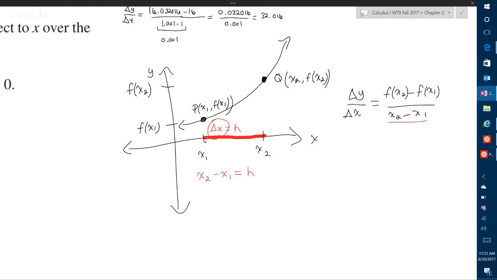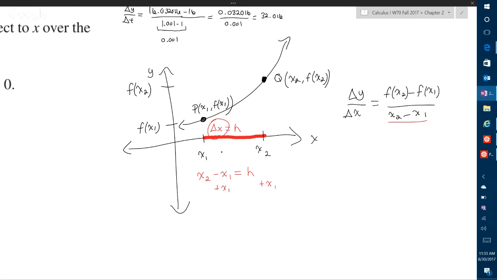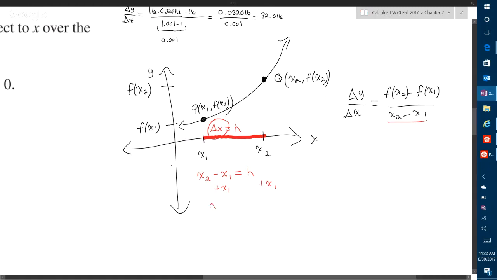And I'm going to solve this for x2. I'm going to add x1 to both sides of the equation. If I add x1 to both sides of this equation, what am I left with? H plus x1. And just so it'll be consistent with the formula, let's put the x1 first, x1 plus h. It's the same thing, right, because addition commutes.